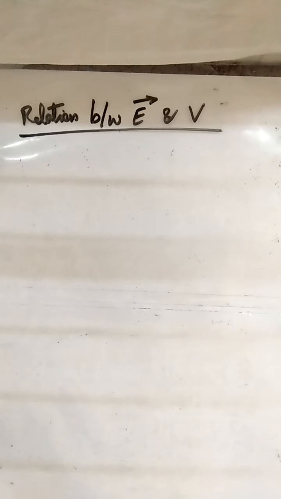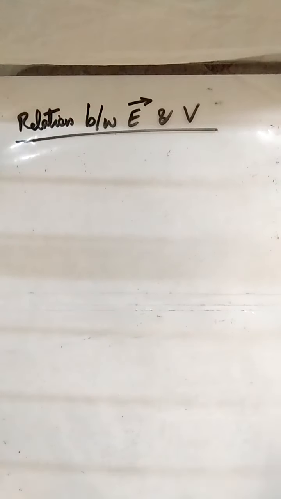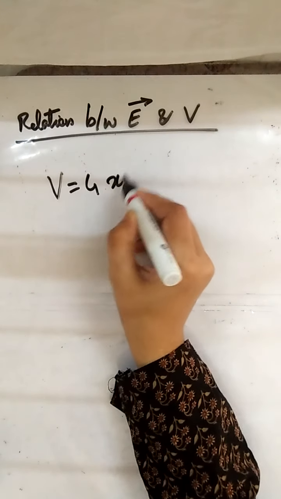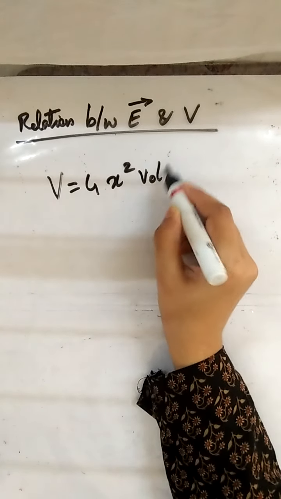They will give you the expression for V. Let us say they have given you the electric potential V at any point x, y, z, which is given in meters in space, and suppose V is given by 4x square volt.